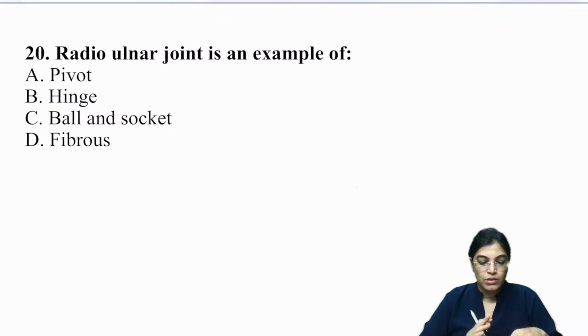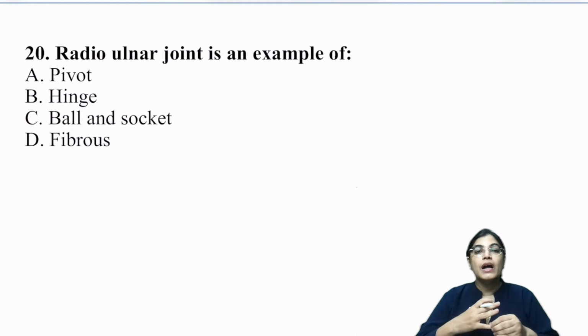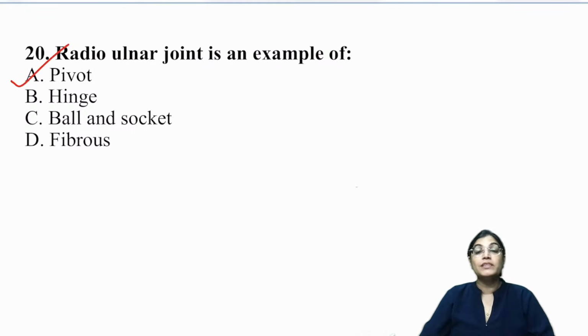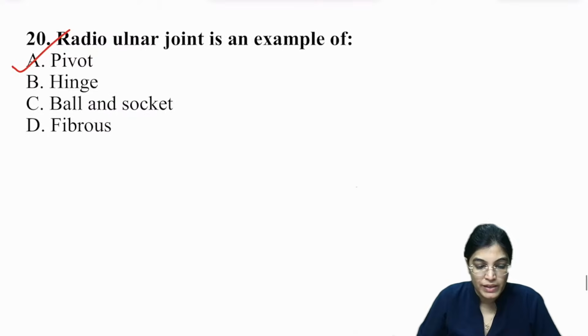If I talk about the fibrous joint, it does not have much movement, for example sutures. Hinge joints are the elbow joint and ankle joint, and pivot joint is the radio-ulnar joint. Superior and inferior radio-ulnar joints are pivot joints, and the atlantoaxial joint is also a type of pivot joint. Okay, so A is absolutely the right answer.